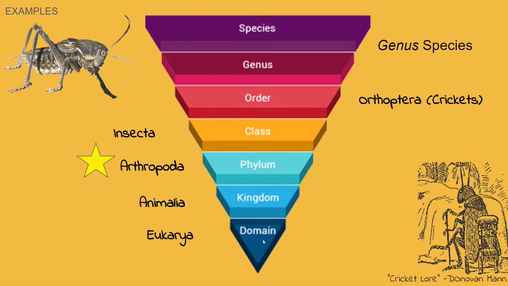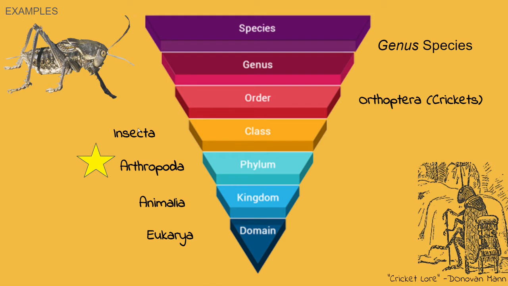If it was me making it, I would have put domain at the top and made it go downwards. But essentially, domain is the largest. There's 3 domains. The one we're focused on is Eukarya, as this is where our little bug guys will be. And flowing downwards, you get to Animalia, then Arthropoda, and this is where we're going to focus because this is where the bugs are, and we'll get more into this in a few seconds.